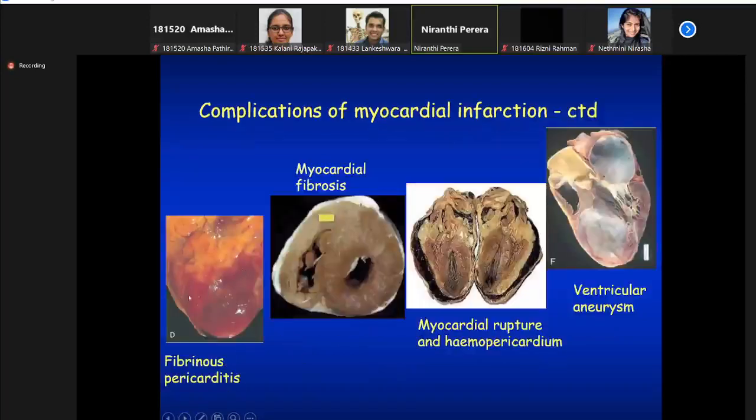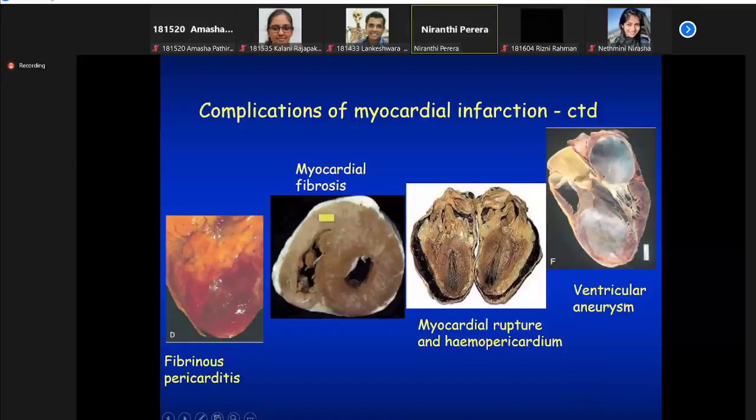You can get a fibrinous pericarditis, and myocardial fibrosis, these white patches. But in the 4th to 7th days, or in the first 2 weeks, if the myocardium ruptures, blood leaks outside and impairs the contractility of the heart. You can get a cardiac tamponade.